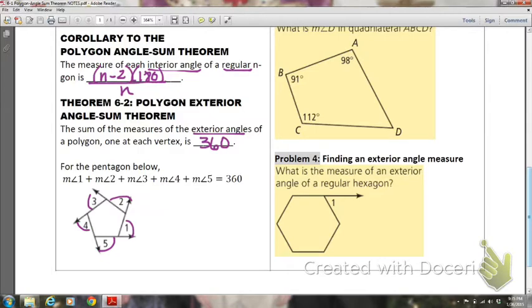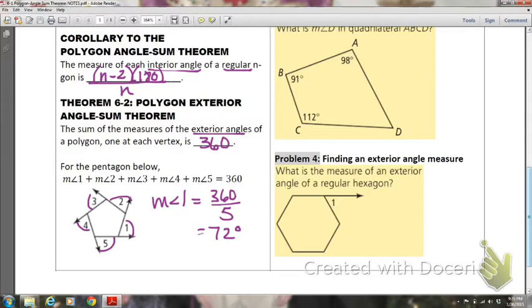And if this is a regular polygon and we only want the measure of one of these, the measure of angle 1 is going to be 360 divided by the number of sides, which is going to be 72 degrees for the measure of one of the exterior angles of this regular pentagon.